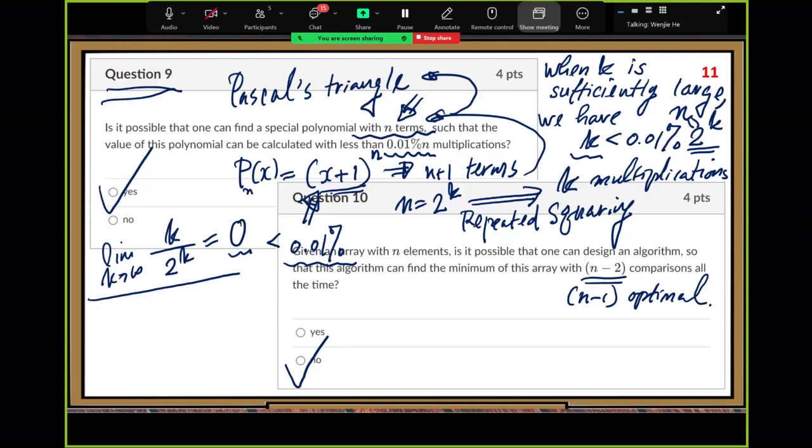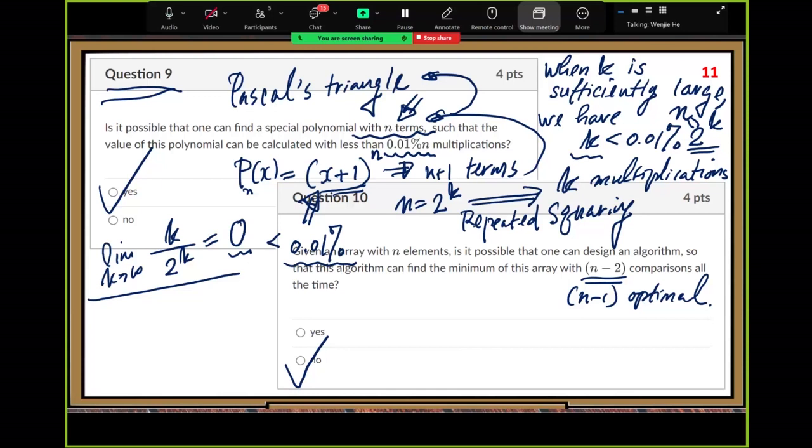Question number 10 is straightforward. You only need to know the result, the optimal solution for the problem of finding the minimum. Then you can answer easily. But for question 9, you need to do a little more work.